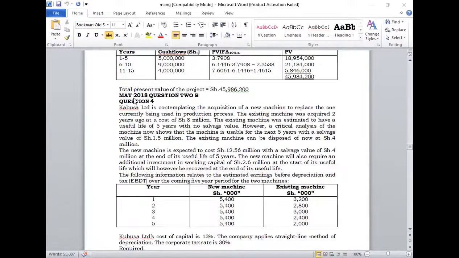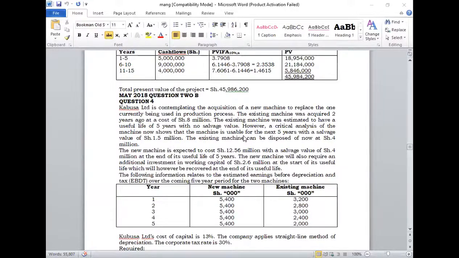The existing machine was acquired 2 years ago at a cost of 8 million, estimated to have a useful life of 5 years with no salvage value. However, a critical analysis now shows that the machine is usable for the next 5 years with a salvage value of shillings 1.5 million. The existing machine can be disposed of now at shillings 4 million.